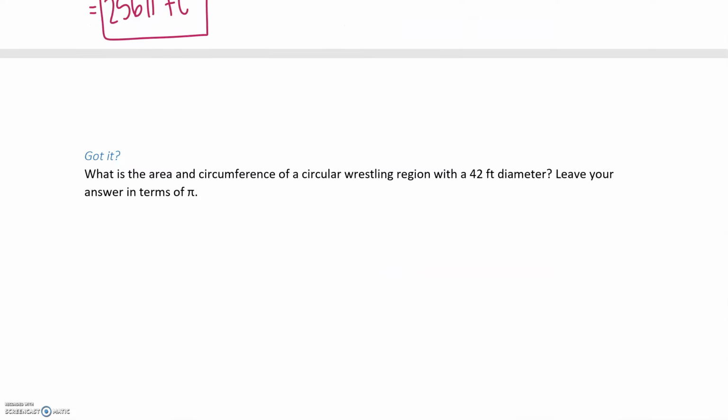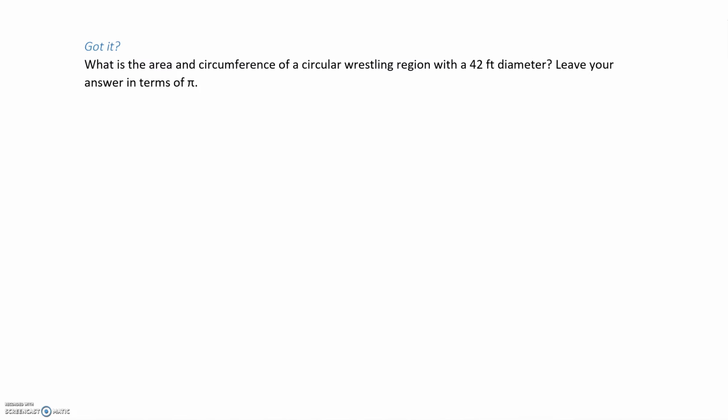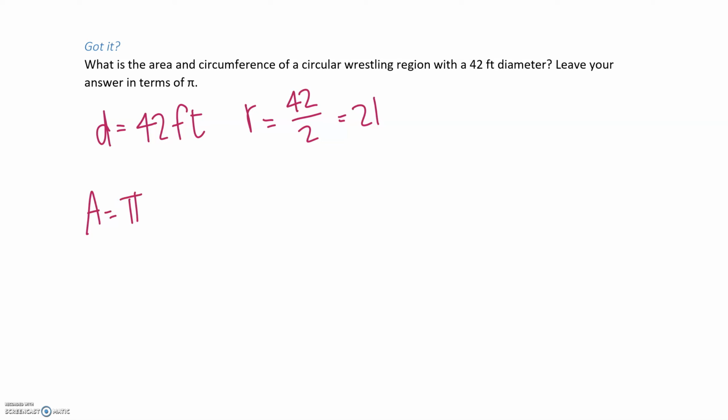So we have one more. It's the same exact thing. So it gives us that the wrestling circle is 42 feet in diameter. So our radius is going to be 42 divided by 2, which gives us 21. So our area is going to be pi r squared, which is 21 squared.